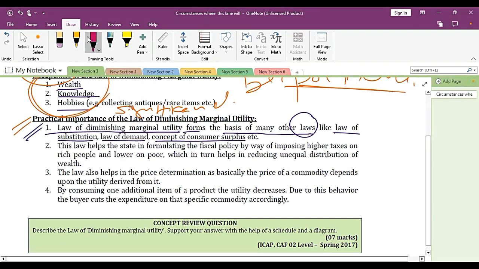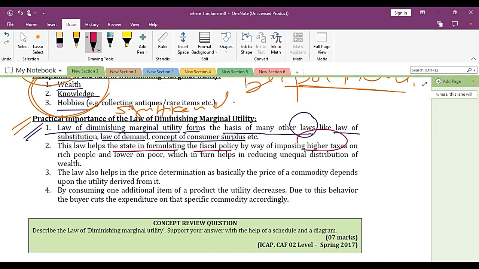Next, this law helps in the formulation of fiscal policy by imposing higher taxes on rich people and lower taxes on the poor.